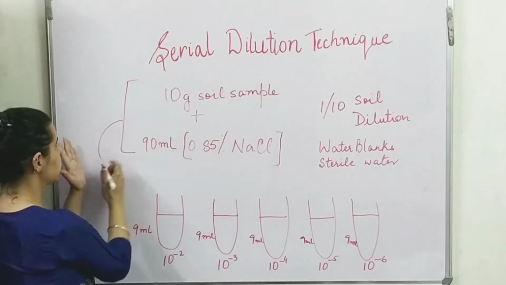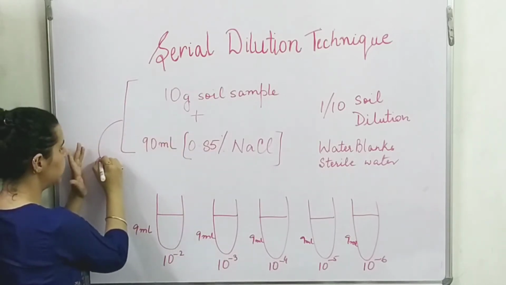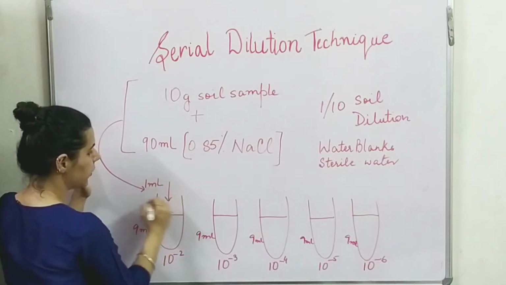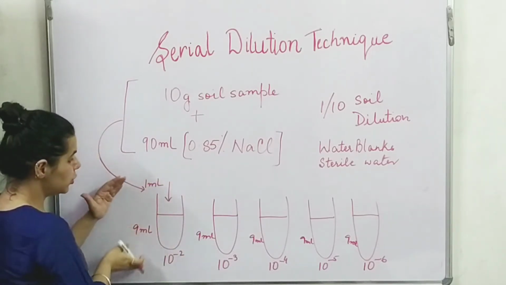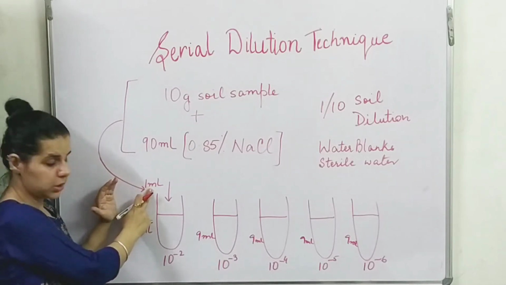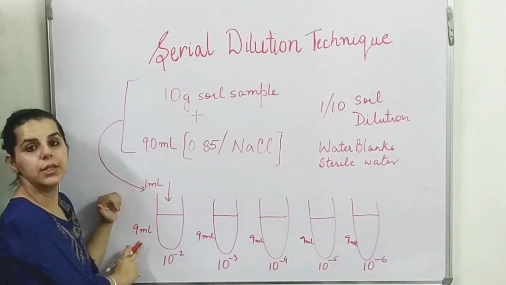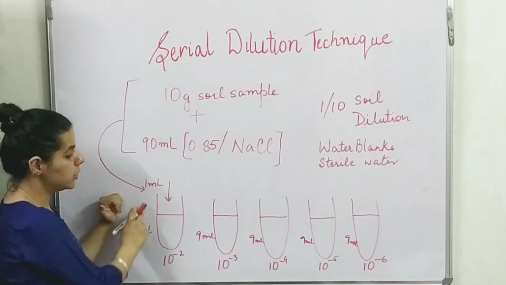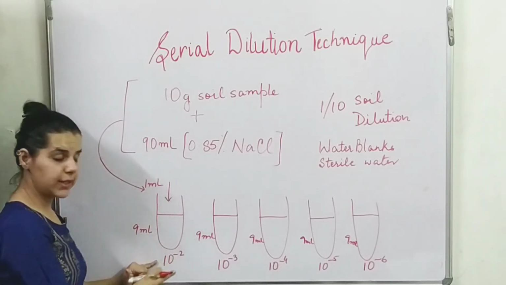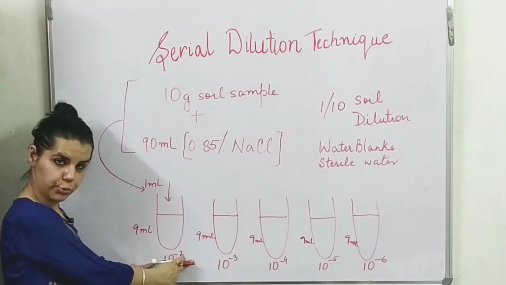From the first dilution I am going to take a 1 ml aliquot and add it to this water blank, so the whole volume becomes 10 ml: 1 ml of aliquot plus 9 ml of the solution. This is my dilution and I am going to name it 10 to the power minus 2, right?